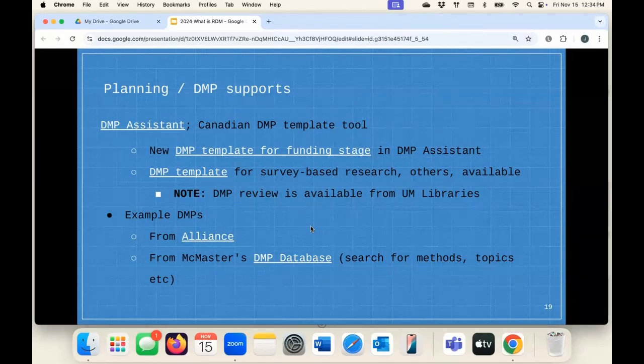In that database, you can search for methods that you're looking at using, topics. So if you're working in forestry, you can see if there's other DMPs that have been published. It's Canadian and American, so you might not necessarily be able to copy and paste, but you should get an idea of what other people have done.